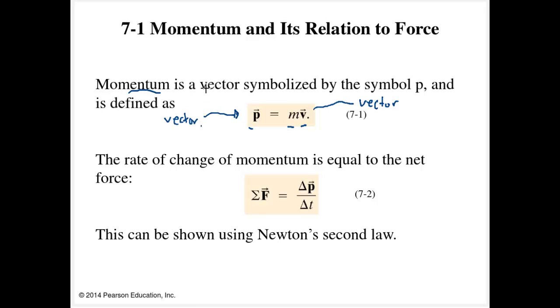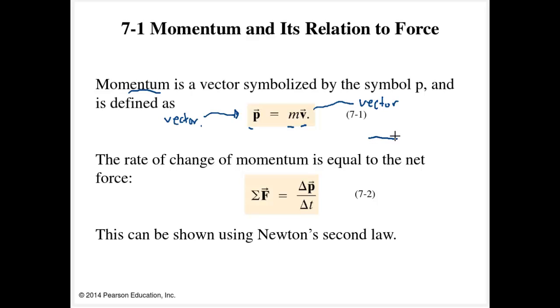What that means is it has both a magnitude and a direction. If an object's velocity is 5 meters per second to the east and it has a mass of 1, then its momentum is going to be 5 kilogram meters per second to the east. So it's going to have a direction associated with that.